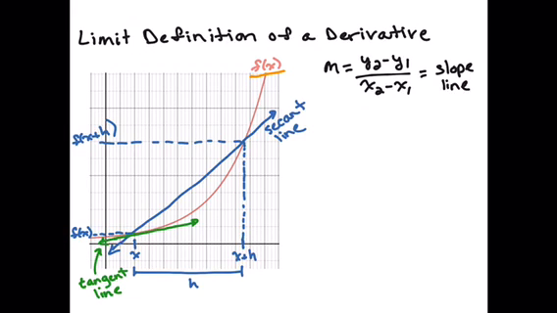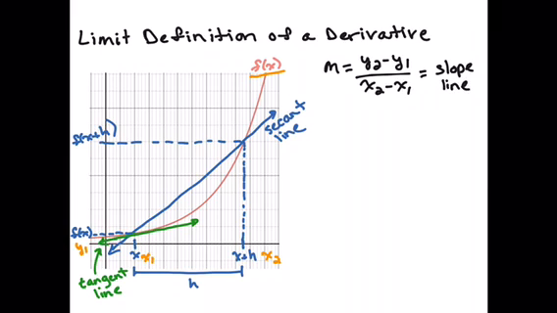So if I wanted to approximate how this curve is changing, I could find the slope of my secant line here, and my first x value, x1, would just be this first x where I drew the intersection of the line to the curve, and my second x value is over here, a distance h away from my original x.